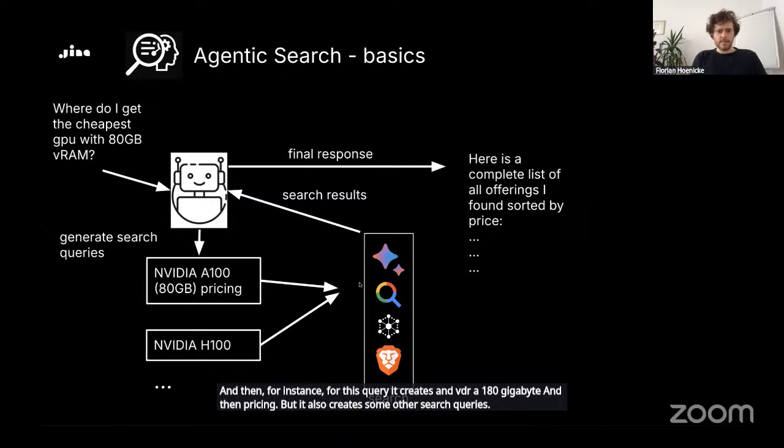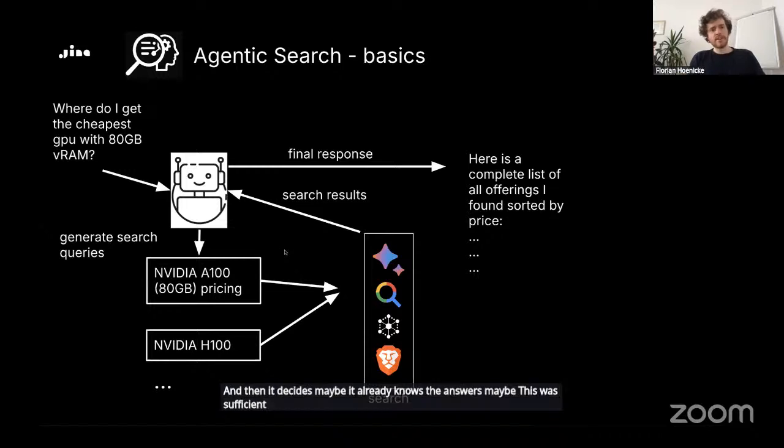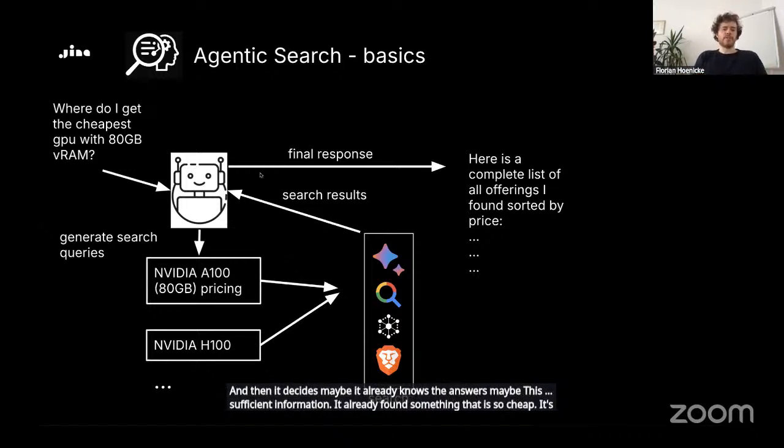And then it waits for the results from the search engines, and decides. Maybe it already knows the answer. Maybe this was sufficient information. It already found something so cheap that it thinks it won't find anything cheaper, and it returns the final response.